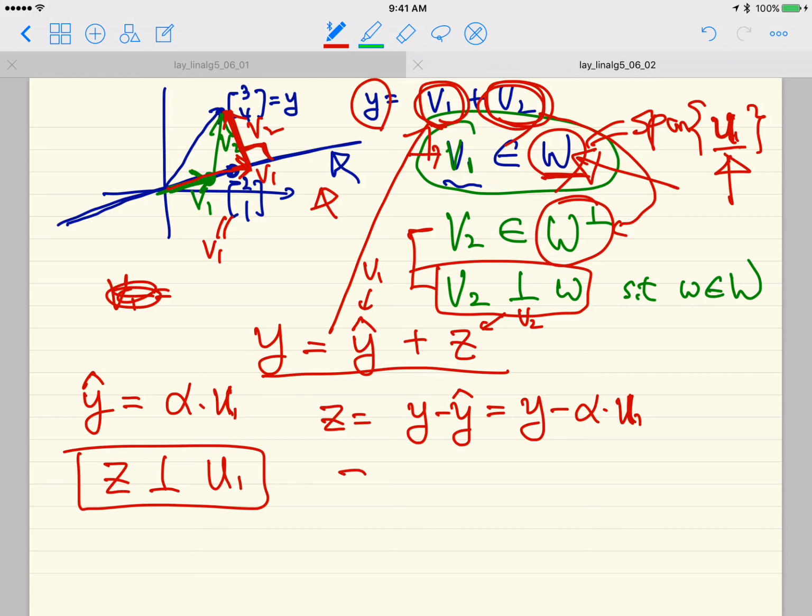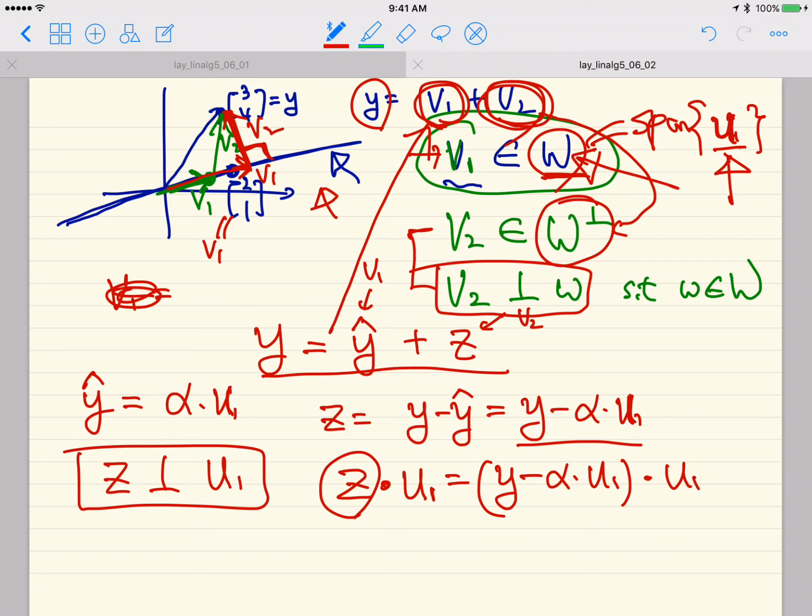Let's just rewrite it. So z is y minus alpha times u1, dotted with u1, and this should be 0, right?